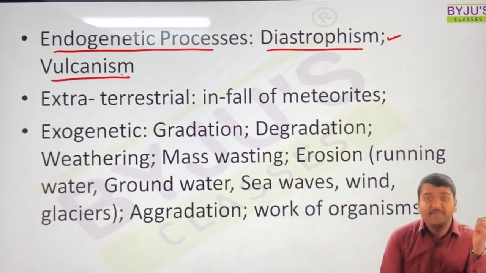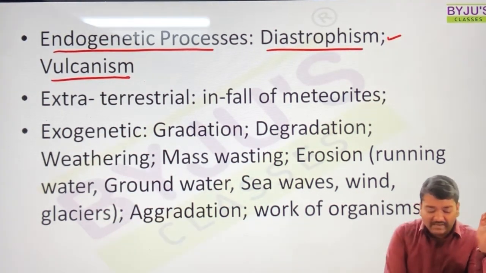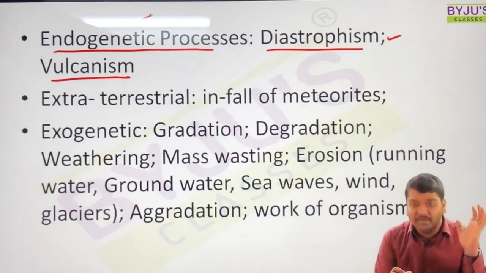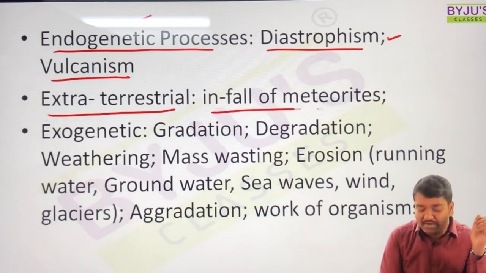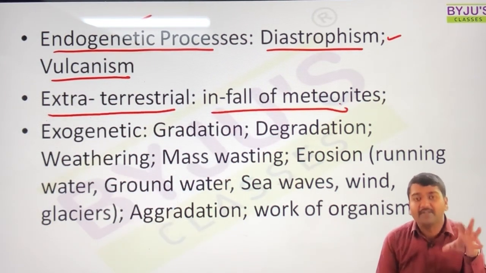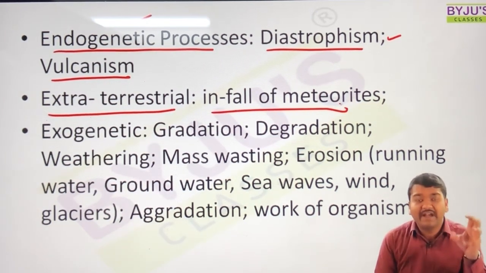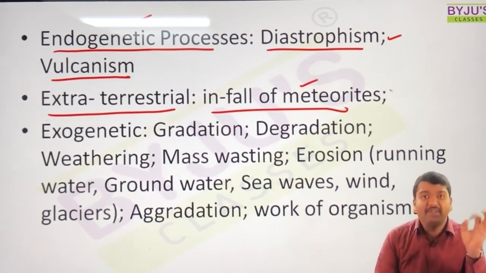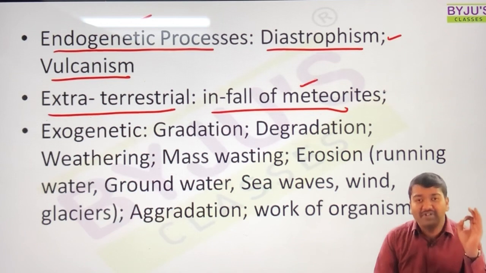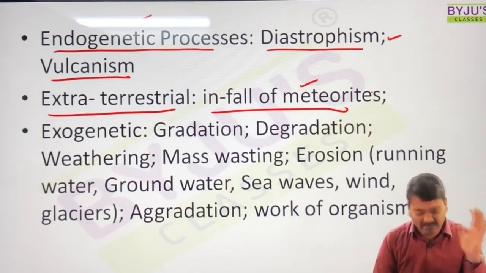You have volcanism and earthquakes; all these are associated with endogenetic processes. You have extraterrestrial, that is, meteorites, which when they fall on the earth create certain landforms. Even this is important, but you need only minimal knowledge about this. UPSC will not ask you any questions regarding this.